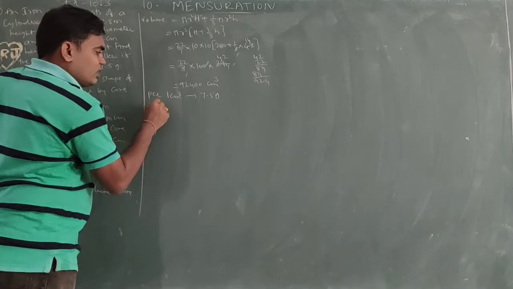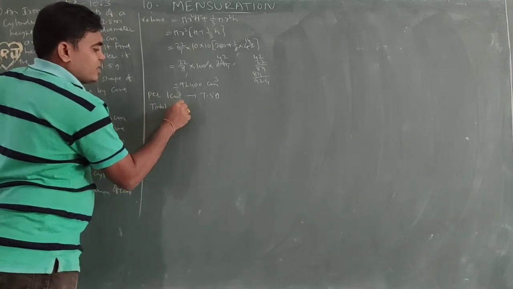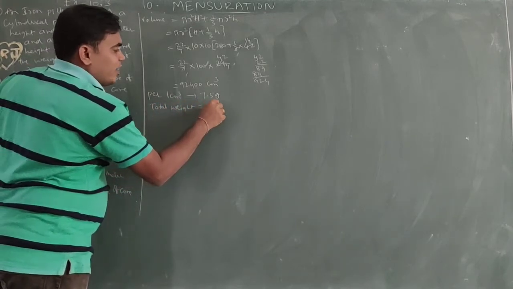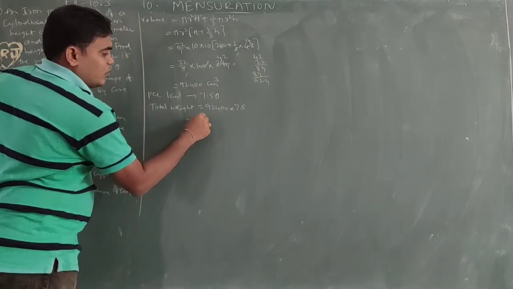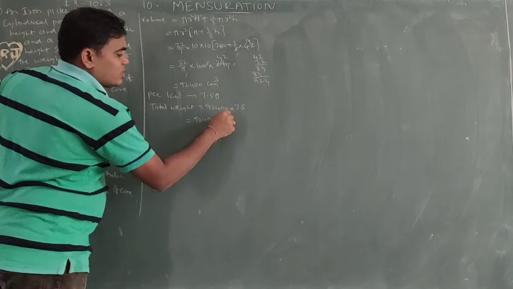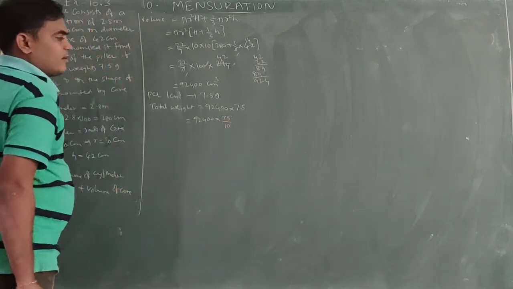So the total weight equals 92400 into 7.5. So 92400 into 75 by 10.